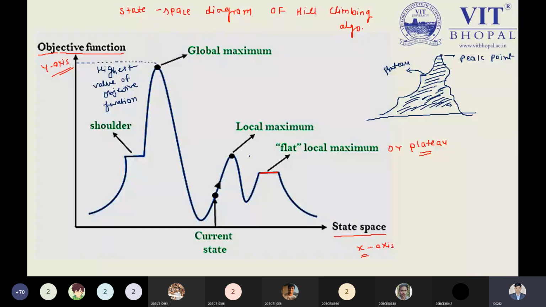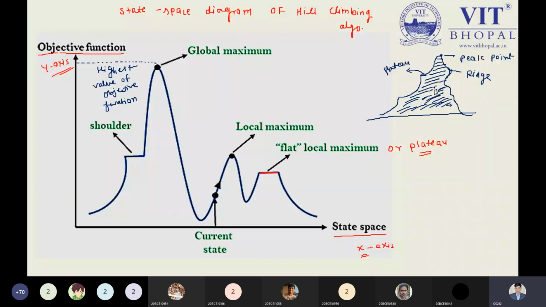Here we have some slope like this, and at this point we can also have the ridge. It is a special kind of local maximum where the value is higher than its neighbors, but it has a slope. It does not have a flat. If it has a flat, it is known as a local maximum.